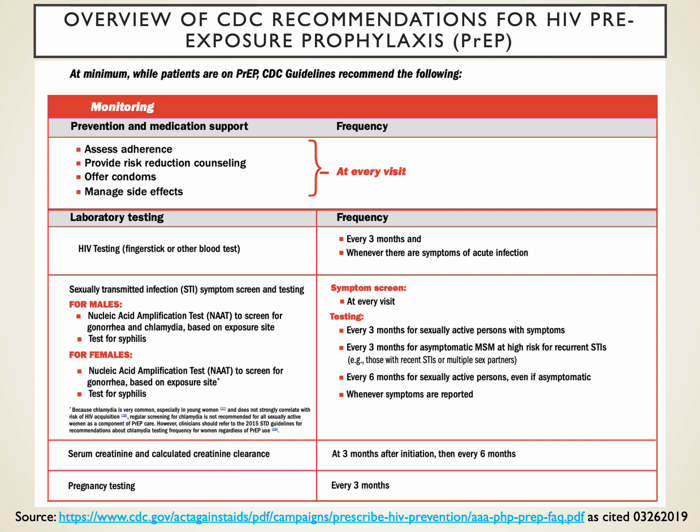You're going to do HIV testing every 3 months, and then anytime there's a question of active infection. And then you're going to screen for sexually transmitted infections when they're appropriate, as is listed in this table. You're going to look at their renal function initially at 3 months and then twice a year. You're also going to do pregnancy testing every 3 months for a woman of childbearing age.